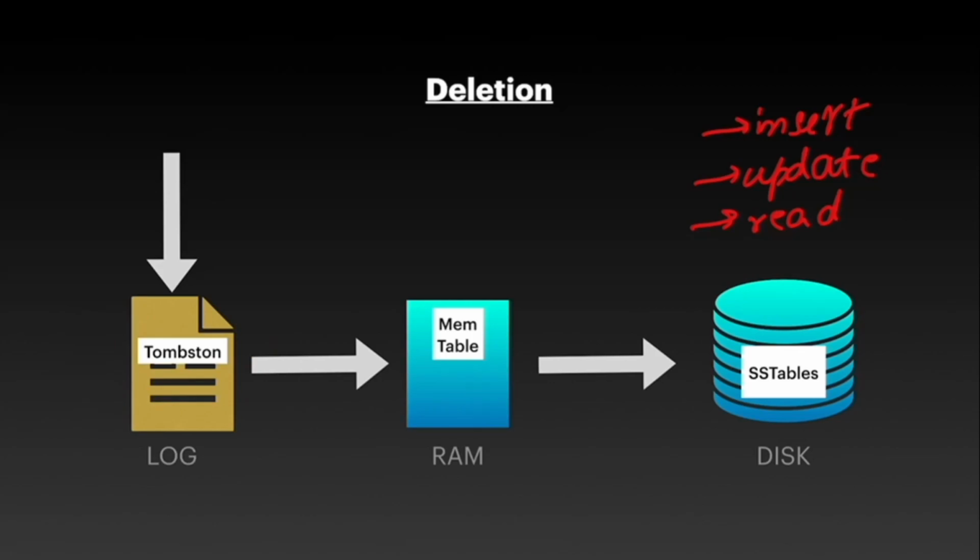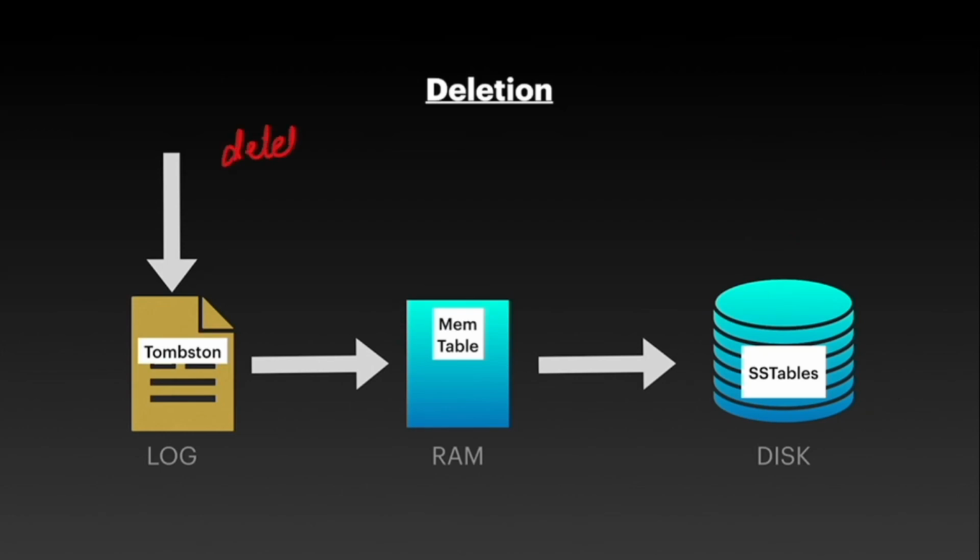So whenever that record is written into the memtable, we mark it with a special flag. Let's say we are deleting the key a from our records, so I will mark a with a special flag. Whenever this flag is found in the memtable, we will consider that record to be deleted from the database.